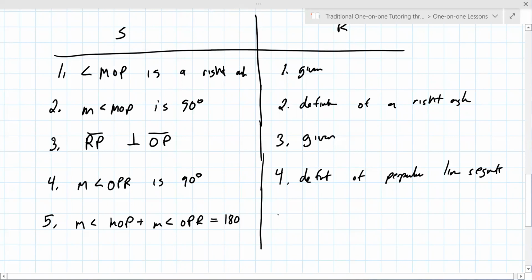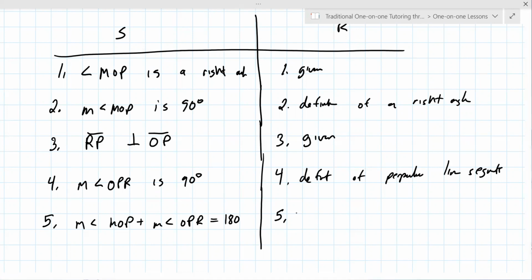There are times when it's just an algebra step. This is just, I guess I would just say definition. No, it's not definition. It's, yeah, I guess it is.